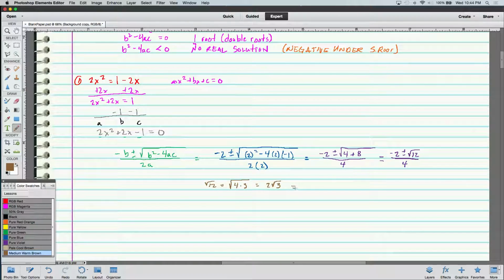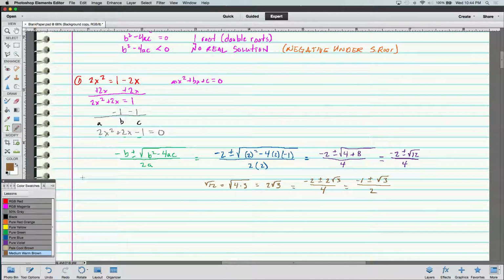So our answer simplified is negative 2 plus or minus 2 root 3, all divided by 4. And we could simplify this even further by dividing everything by our common factor, which is 2. So negative 1 plus or minus root 3, divided by 2.